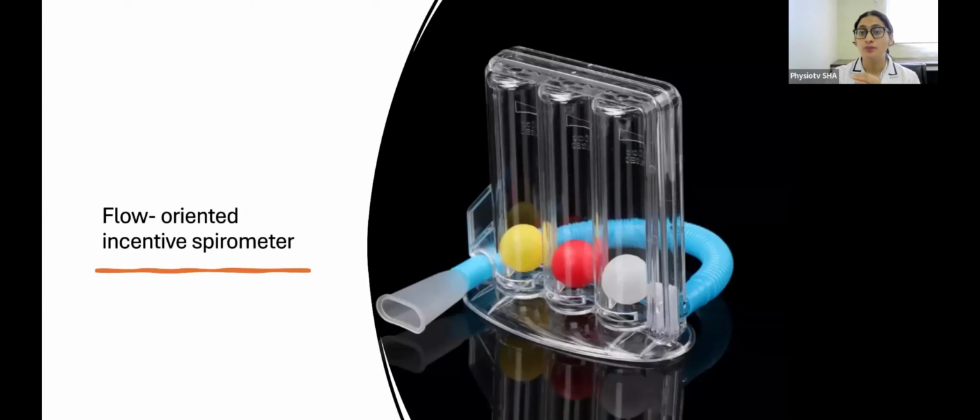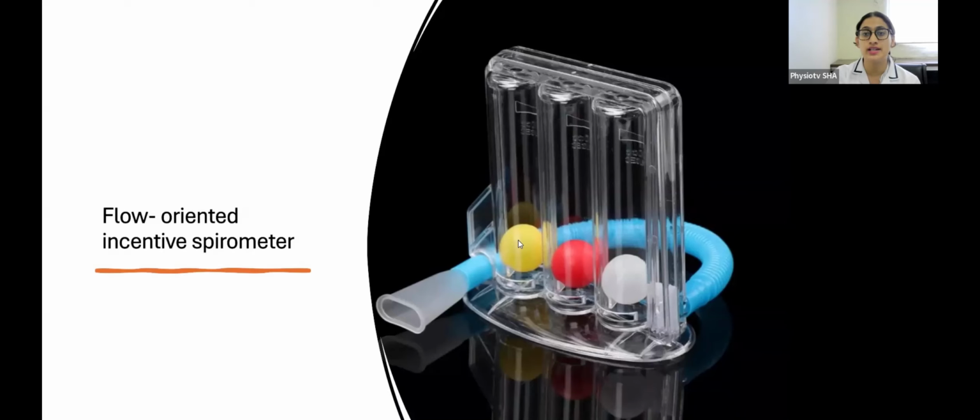The first ball is indicative of 600 cc's. The second ball is indicative of 900 cc's.